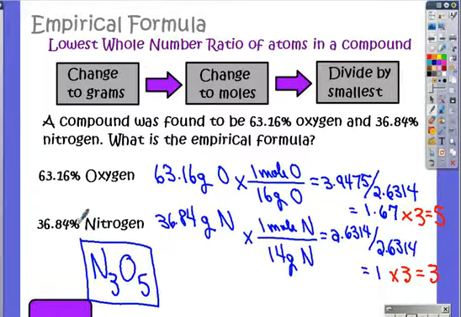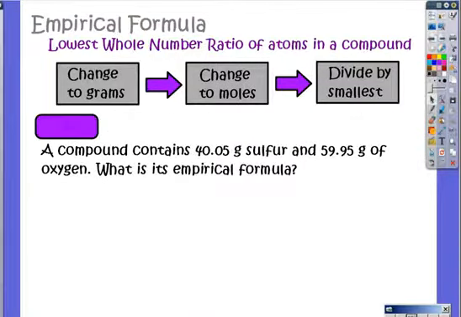Okay, so I have one that I'd like you to do. I'm going to clear the board and show you the problem, and then I'd like you to work it out. So here's my new problem. I have a compound that contains 40.05 grams of sulfur and 59.95 grams of oxygen. What's its empirical formula? We're going to go through the same steps: change it to grams, change it to moles, and divide by the smallest.